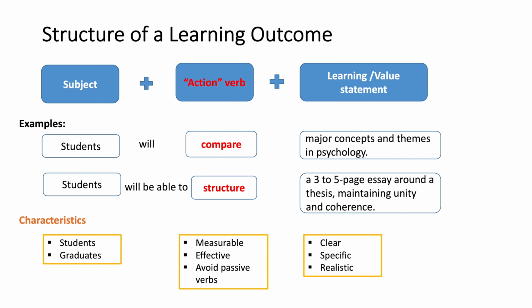Here are 2 examples. Students will compare major concepts and themes in psychology. Students will be able to structure a 3 to 5 page essay around a thesis, maintaining unity and coherence. You can also add more conditions in the learning value statement, such as by or when.